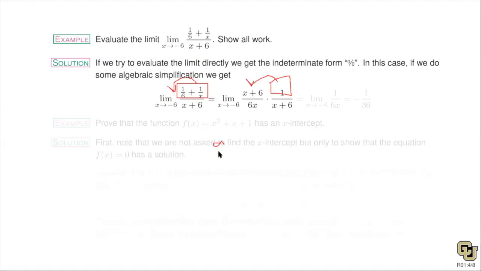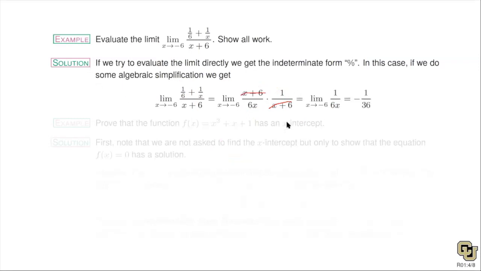Remember that a over b is the same as a times 1 over b. This whole thing is the 1 over b, and this part is the a. So once I factor out the numerator from the numerator, I can cancel this x plus 6.